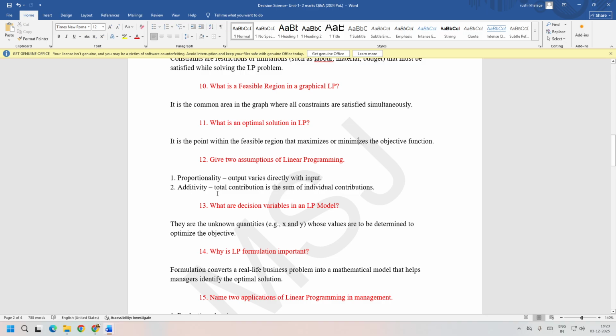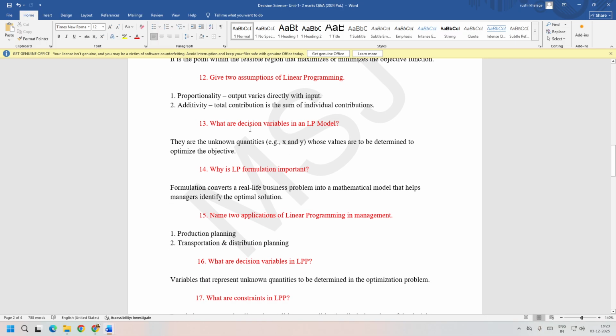Second is additivity, total contribution is the sum of individual contributions. What are decision variables in a linear programming model? They are unknown quantities, for example x, y, whose values are to be determined to optimize the objective.